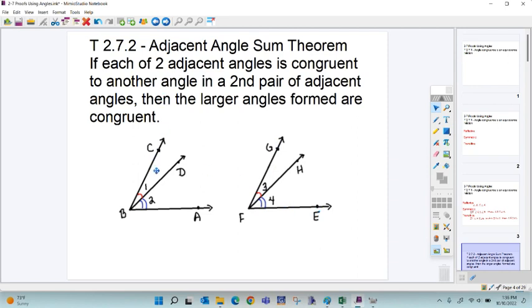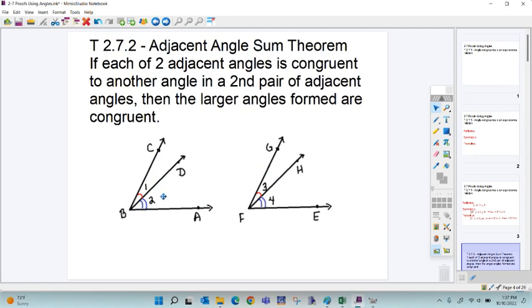So if we know that angle 1 is congruent to angle 3, so the same number of degrees as angle 3, and angle 2 is congruent to angle 4, same number of degrees for these two angles, when you add them up, you're going to get the same number of degrees. So what this is really saying is that these angles have to be congruent to each other as long as their little parts are congruent. We call that the adjacent angle sum theorem.